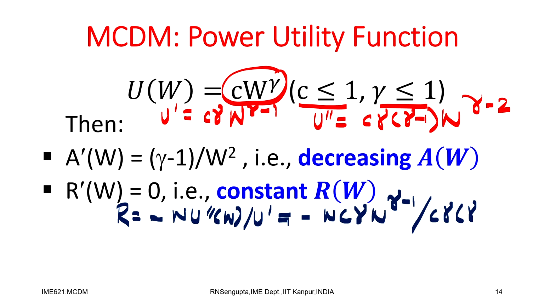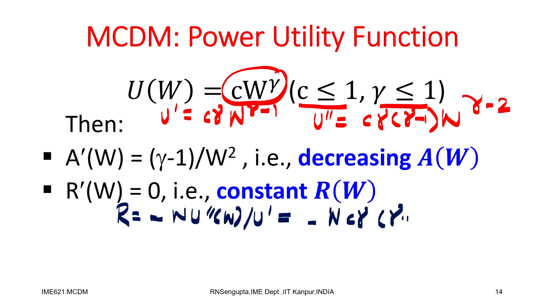Oh, I should have taken the other way around. So, minus W C gamma, gamma minus 1, W to the power gamma minus 2, divided by U prime, which is C gamma W to the power gamma minus 1.